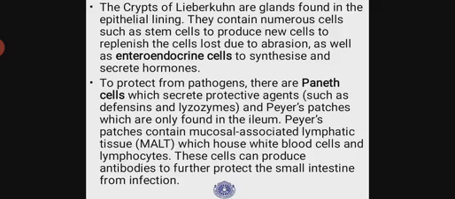And the Peyer's patches, which are only found in the ileum, contain mucosa-associated lymphatic tissue, popularly abbreviated as MALT. This will house white blood cells and lymphocytes, and these cells can produce antibodies to further protect the small intestine from infection. So MALT is majorly playing a role in immunity.